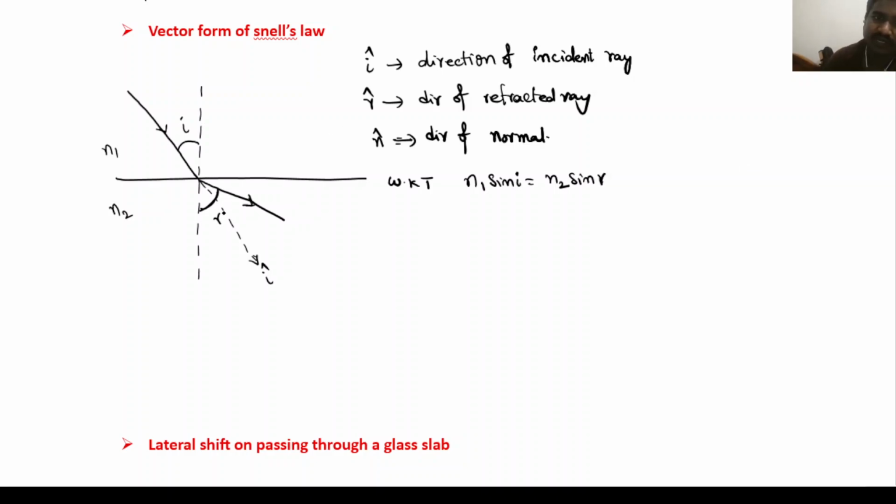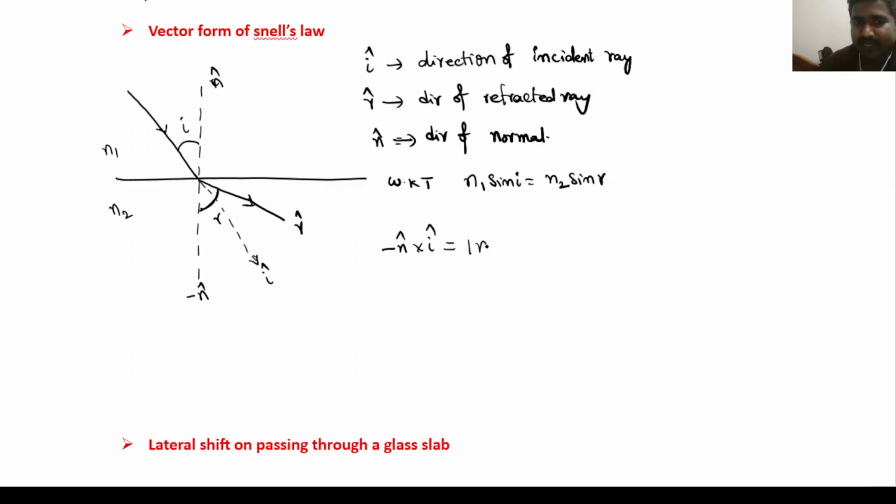From this, we take i cap, r cap and n cap, and here minus n cap. Now from these vectors you can see minus n cap cross i cap. That is the angle of incidence, and here also the angle of incidence.